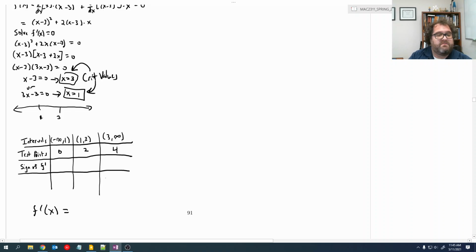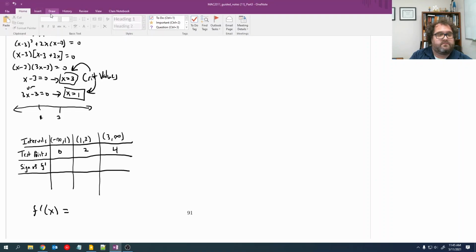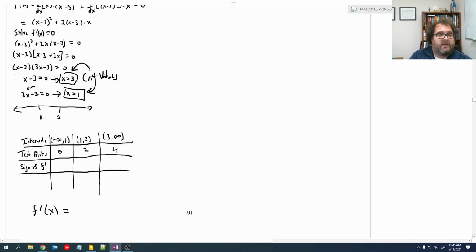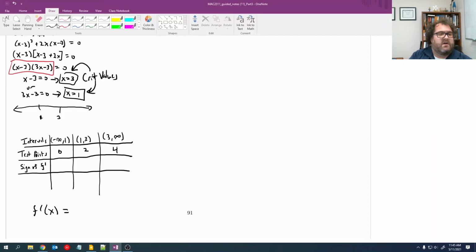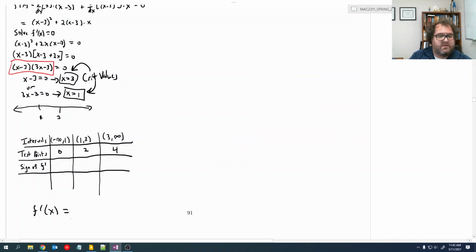F prime of x. I'm going to prefer the factored form. So here is the factored form right here. We factored the left-hand side, which was just the derivative. And that'll be easier to use with our test points. So x minus 3 times 3x minus 3. That's our derivative, just in different form, in factored form.